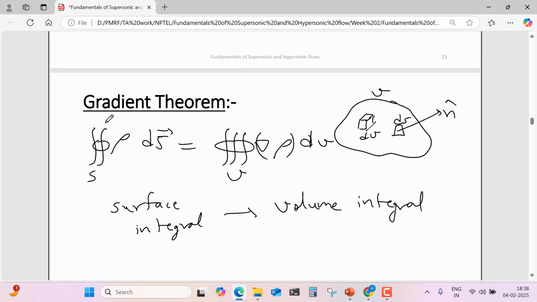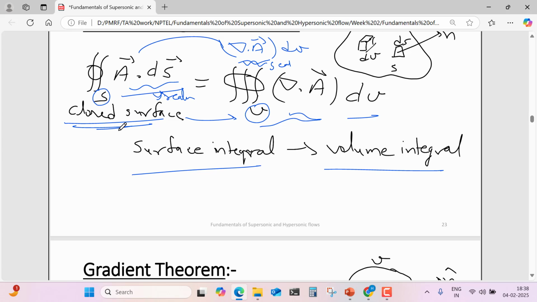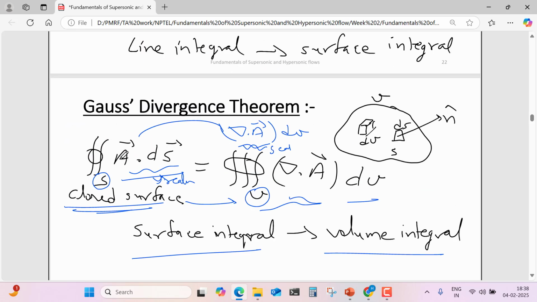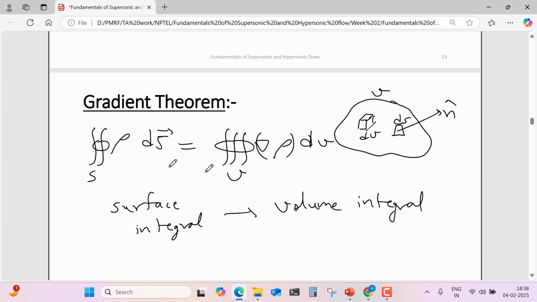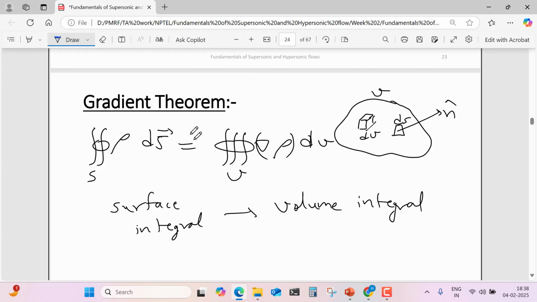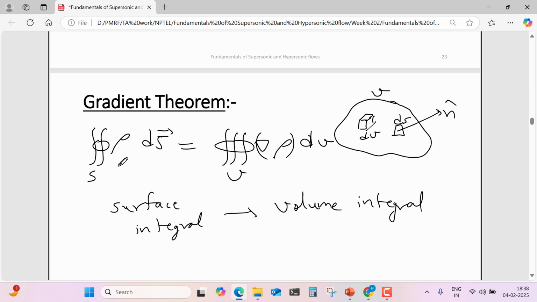There is one more, the gradient theorem. It is also for converting surface integral to volume integral, but the Gauss divergence theorem was for the vector, and this is for scalar. So let's say there is one scalar quantity whose surface integral is given by rho dS, then its volume integral will be equal to del rho dV.